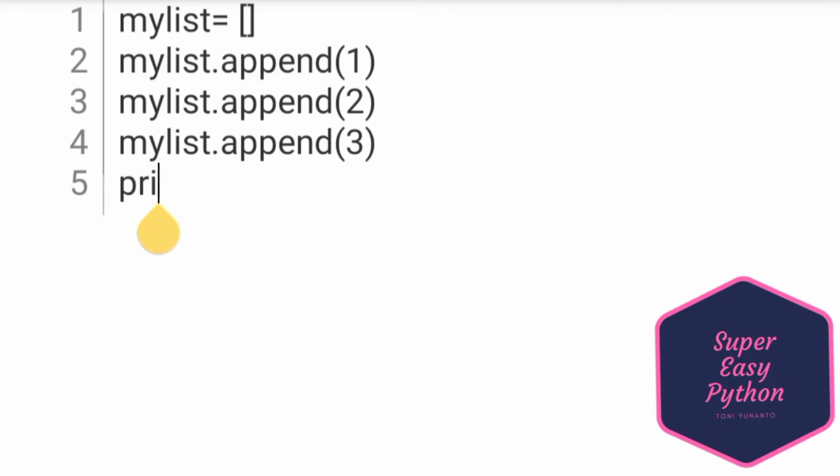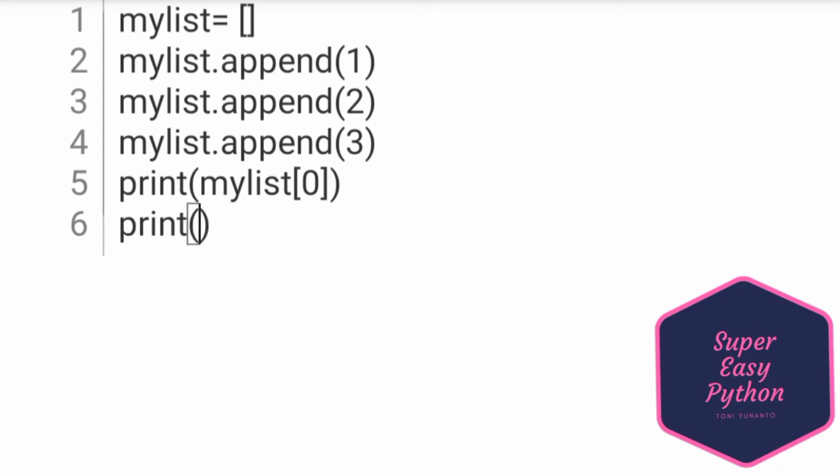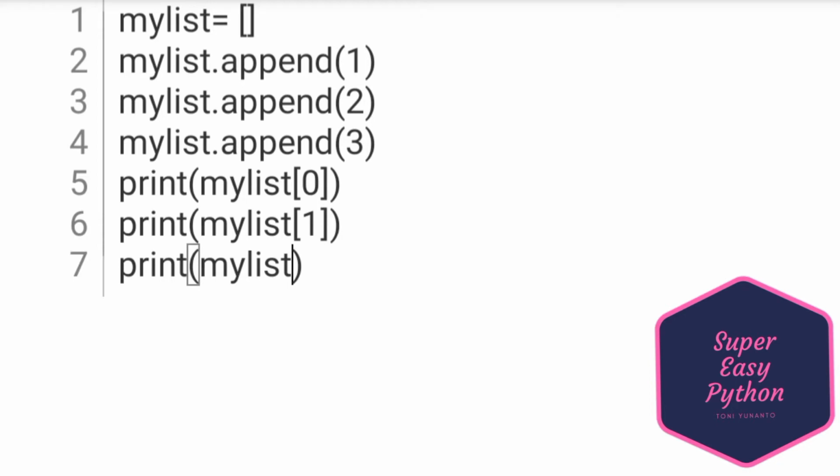Print bracket my list square bracket 0, and then print bracket my list square bracket 1, 2.